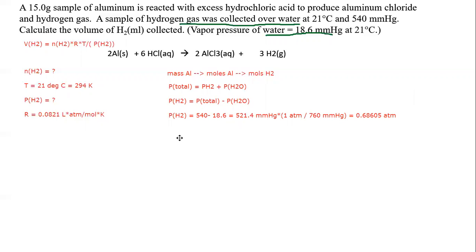Now to find the moles of H2. First, we're going to find the moles of aluminum by dividing by the molar mass.